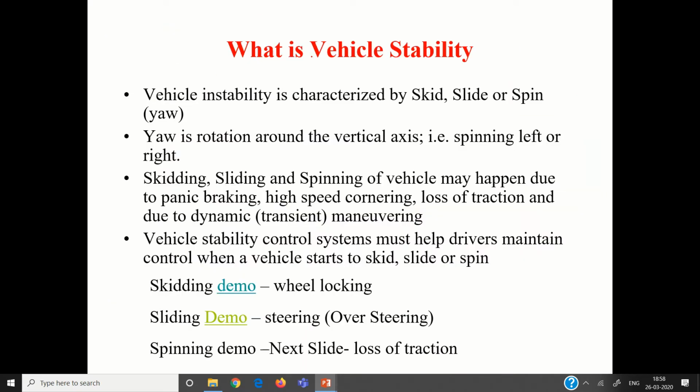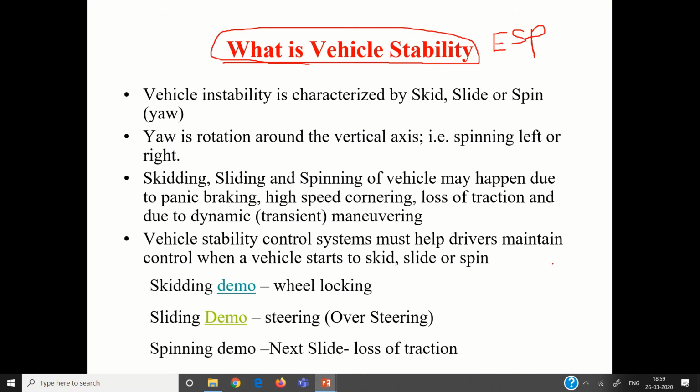Okay, now we'll talk about another very important control that we use in cars, that is the electronic stability program, ESP.